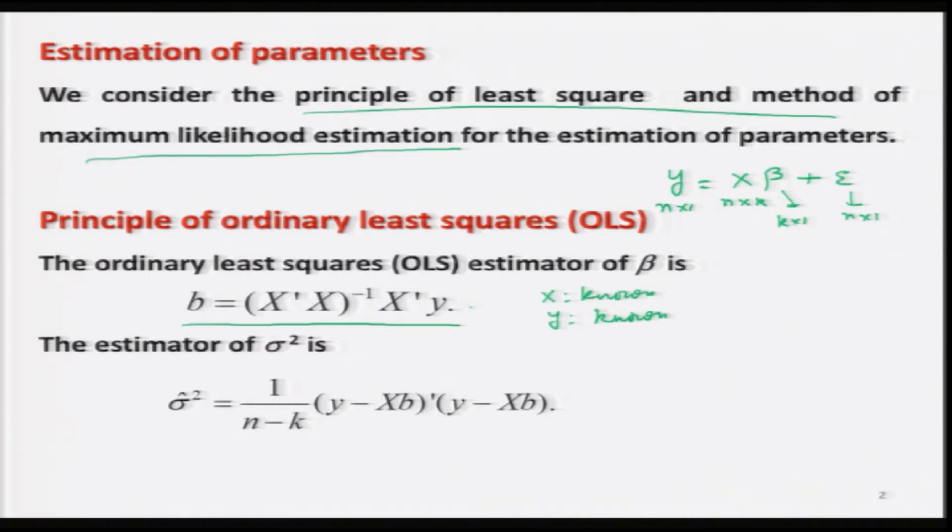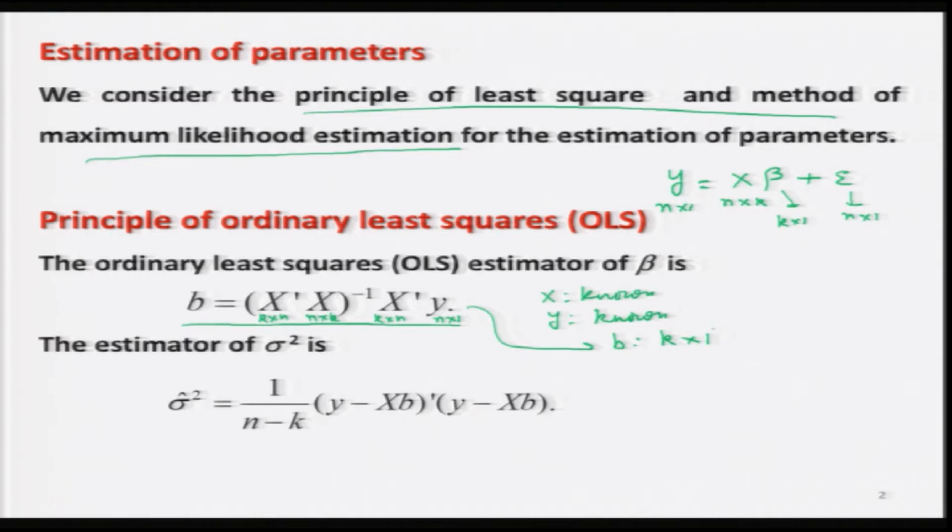Regarding the order, x transpose is k by n, x is n by k, and y is n by 1. So b is going to be a vector of order k by 1.